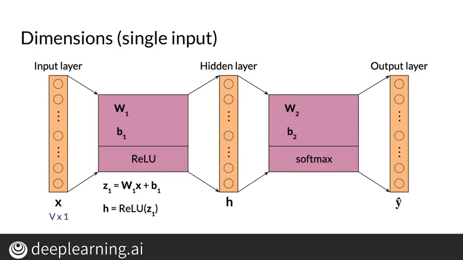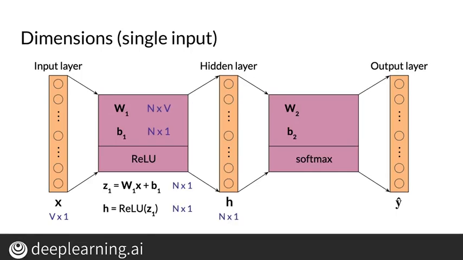Lowercase h refers to the column of values stored in the hidden layer. To get h, you pass the values of z1 into a ReLU activation. So in terms of dimensions, W1, the weighting matrix between the input layer and the hidden layer, has n rows and V columns, where n is the size of the word embeddings. b1, the bias vector for the hidden layer, has one row for each neuron in the hidden layer, so n in total.